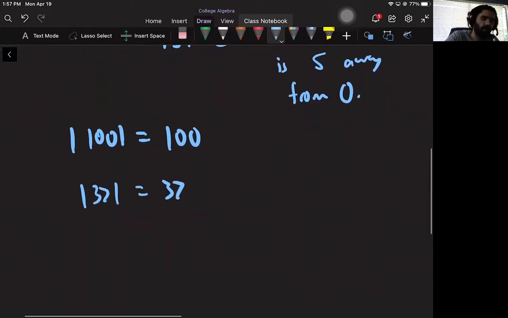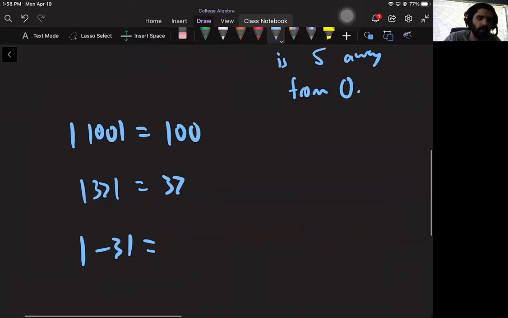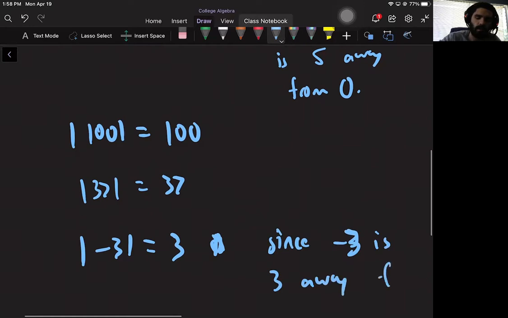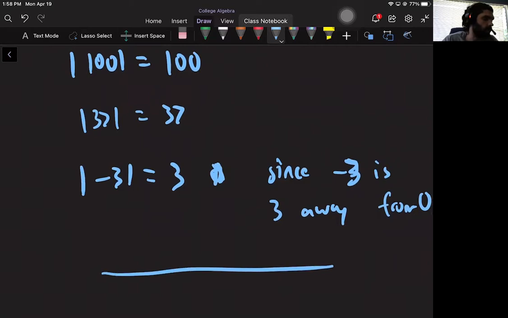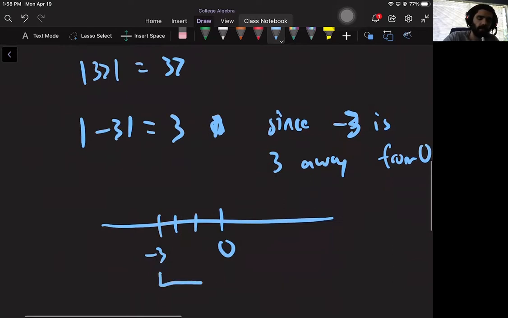It's only slightly trickier if you have a negative number. So how far is -3 from 0? It's 3 away. Since -3 is 3 away from 0, it's just 3 away in the other direction. So we could visualize this. Here's 0. And the absolute value is just saying, how far is this 3 away?